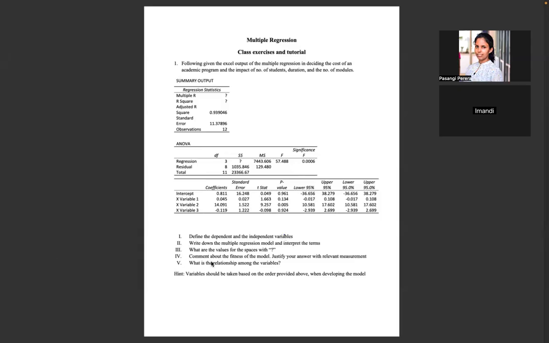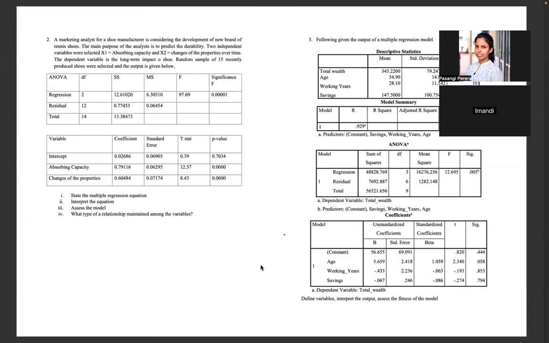Then we have the next part as question number 2. Did you try it? Yeah, miss. Okay. So the first part says: a marketing analyst for a shoe manufacturer is considering the development of a new brand of tennis shoes.